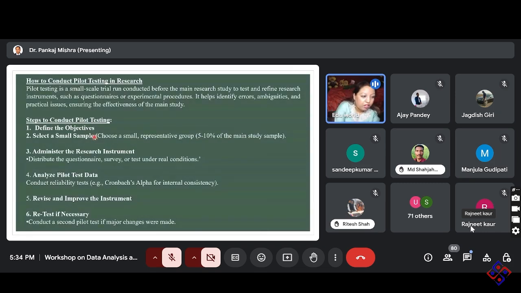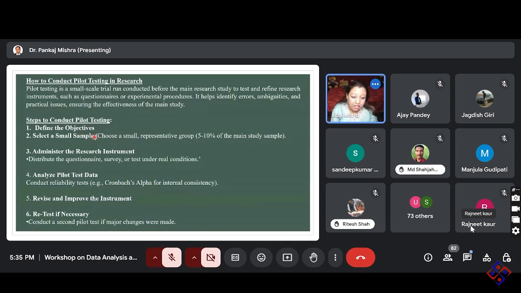Now, how to conduct a pilot testing in research? As this is a data collection class, the session that I'm taking is related with data collection. So obviously, we need to see how this pilot study is systematically conducted. A pilot study is a small-scale trial, to see whether the framed items are going with our research objectives or not, whether it is giving the results that we want to see.